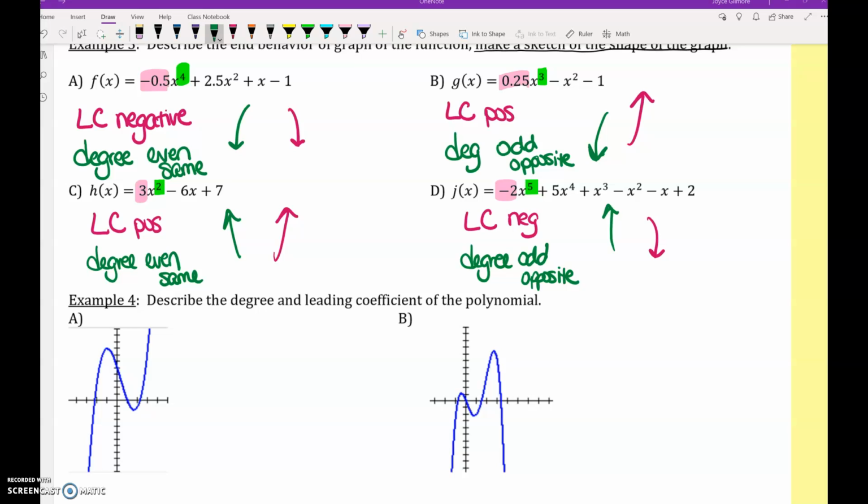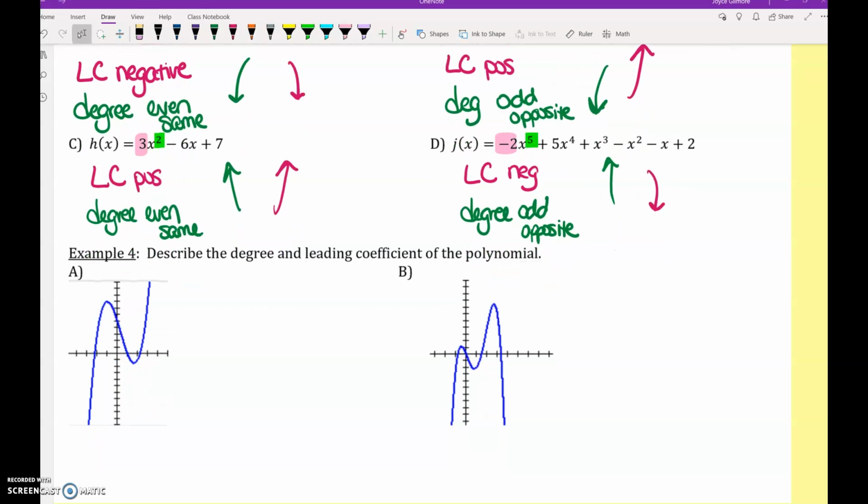Okay, leading coefficient does the right side. Degree tells you if the left side does the same thing or does the opposite thing. I may also on the test give you problems like example 4, where I give you a picture of a graph and say, what would the degree of this graph be? What would the leading coefficient of this graph be?